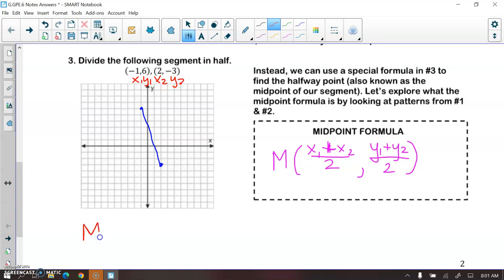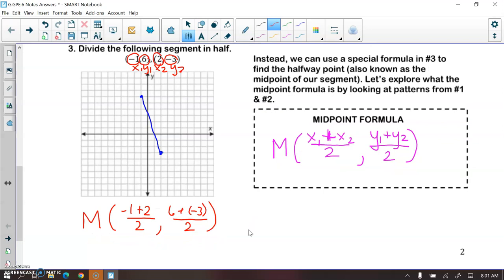And so my midpoint on number 3 would be x1 plus x2, so negative 1 plus 2, divided by 2 for my x values, and y1 plus y2, so 6 plus negative 3, divided by 2 for my y values.